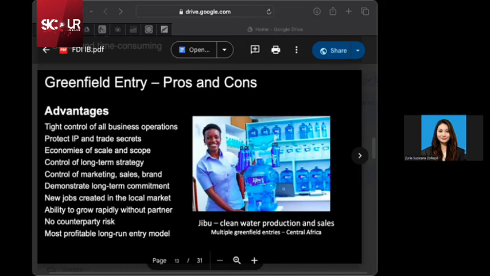So when you create jobs, you have a responsibility as a company. You have a responsibility towards the people, right? In order for a company to be sustainable, you have to show your commitment to these three things: people, profit, and also planet. So for profit, definitely you have to make sure that your company is fully operational and making profit.